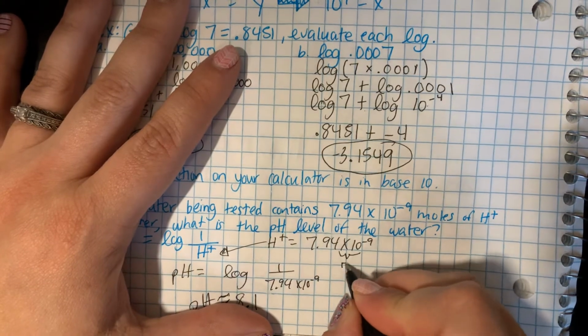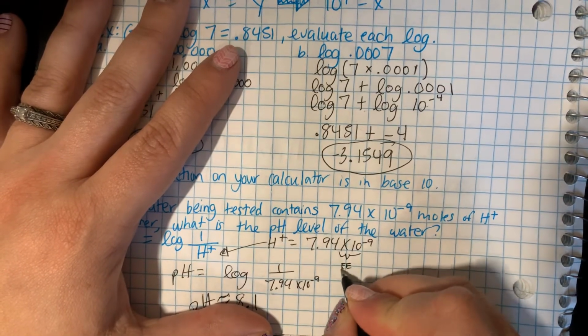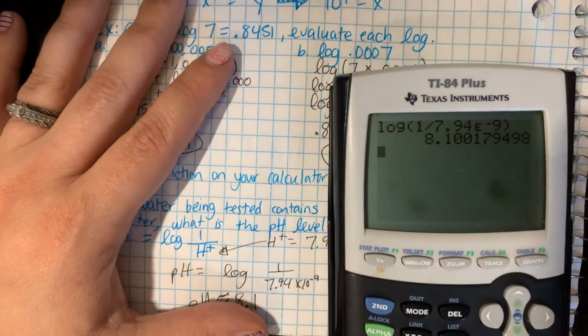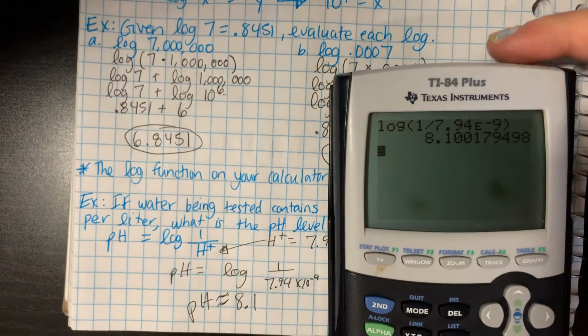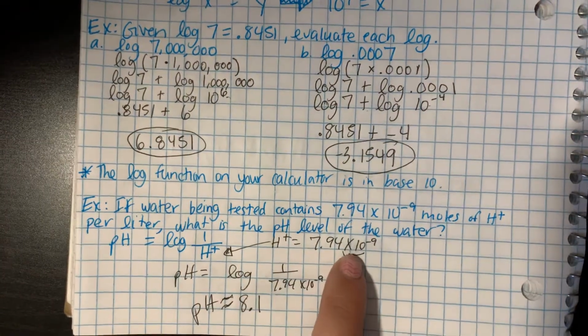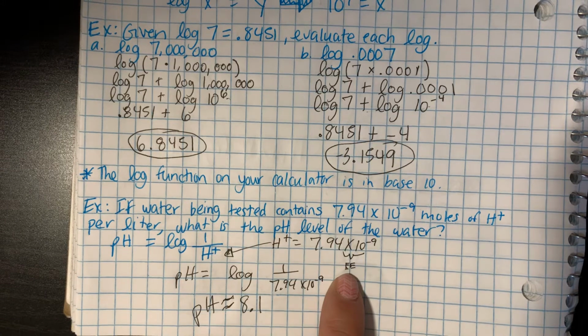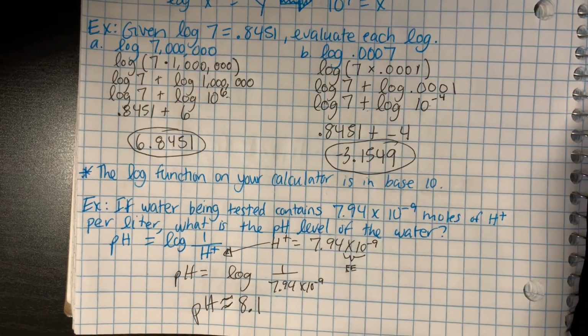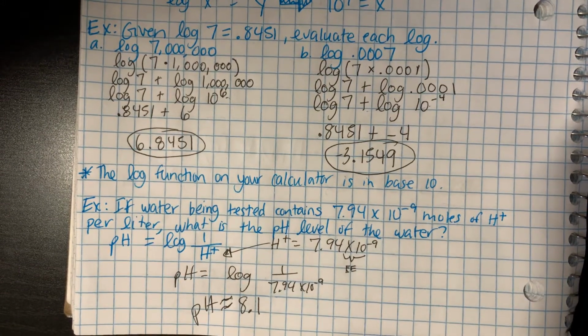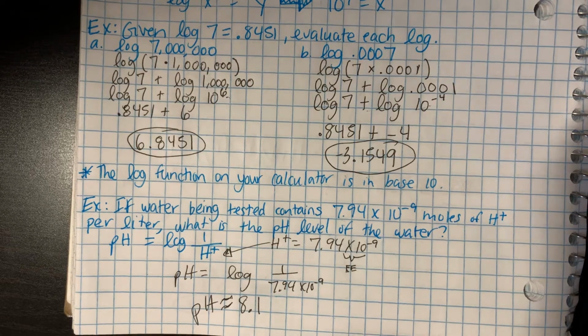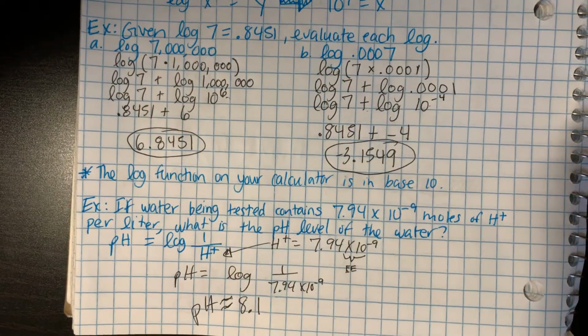So you want to use the EE, okay? And you plug it in for times 10 to the, this whole part becomes this EE, and that'll help get you the right answer, okay? That's how you put the scientific notation into your calculator. All right.